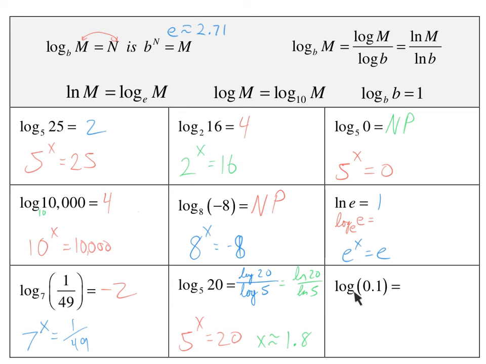Okay, this last one, the base is missing, so I'll put a little 10 there. I'm also going to do something else. I don't like 0.1. Did you know that 0.1 is 1 in the tenths place, or 1/10? So I want to think of this as 10 to what power is 1/10. 10 to the first is 10, but it's on the bottom, so it's negative.